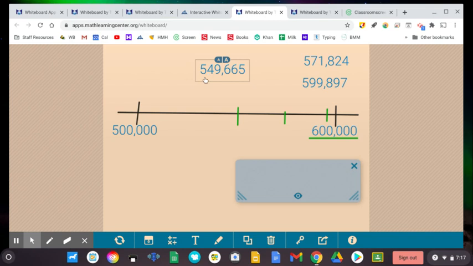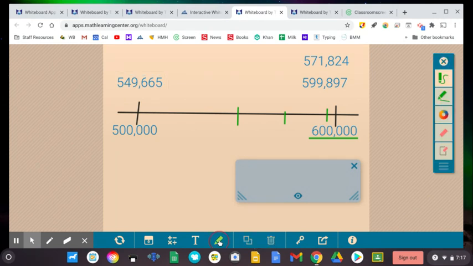Well, what we check is the number to the right of the place value we are rounding to. Since we are looking at the 4, it would take us before this middle. So it would round to 500,000. Remember, this is all based on placement on your number line.